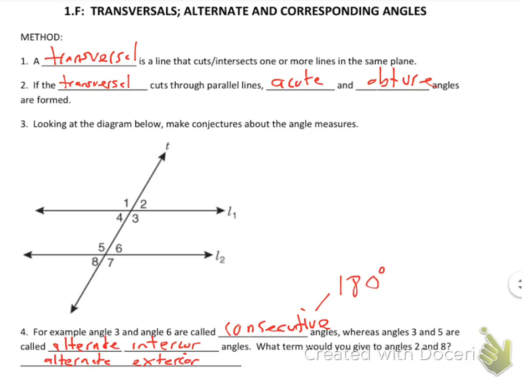So maybe put add to 180. You guys hopefully have seen some of those before. If not, that's why we're doing this. So alternate exterior, alternate interior are the same. Consecutive angles add up to 180.